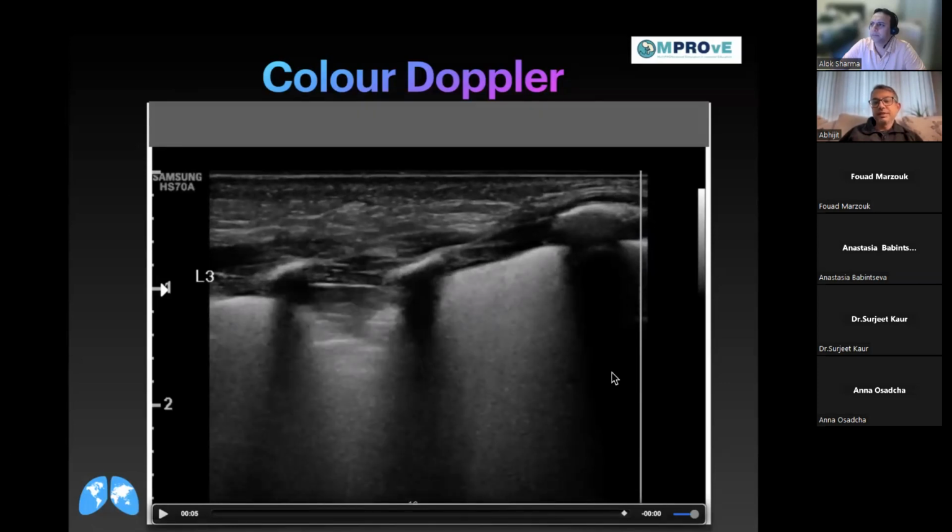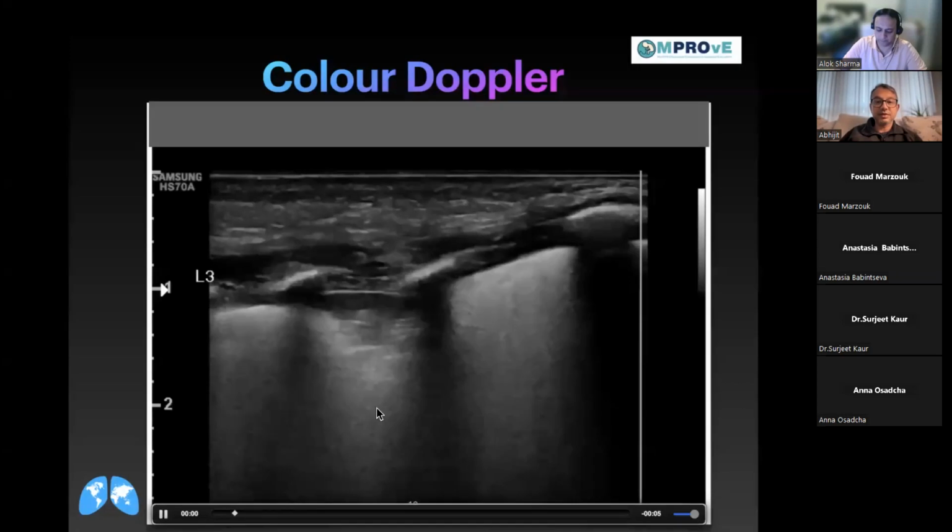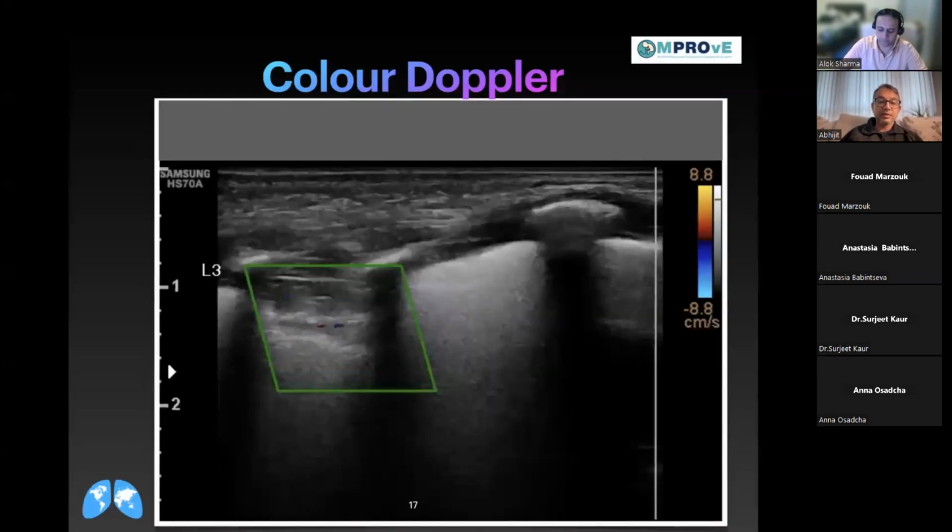Now, I don't know if this is the very beginning of pneumonia, or just plain and simple RDS or TTN kind of a picture. I'm not sure. There's no way of knowing it. You can have a similar picture with the very initial stage of pneumonia as well, where it's just brewing.